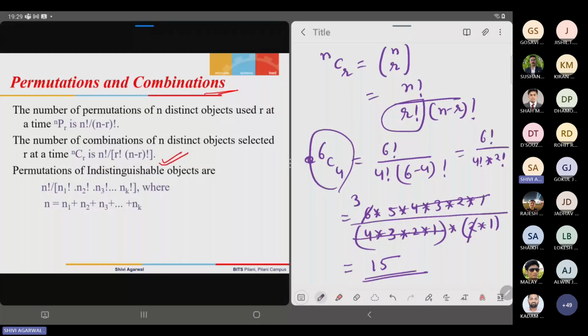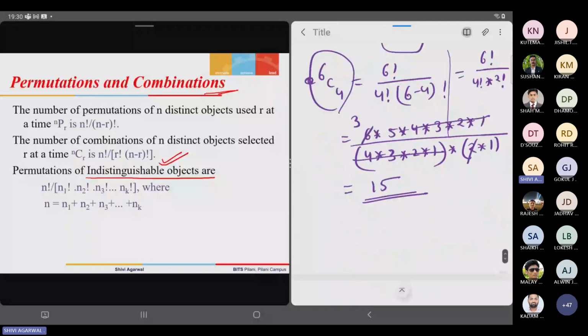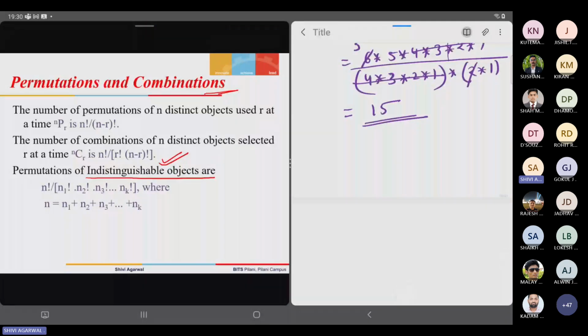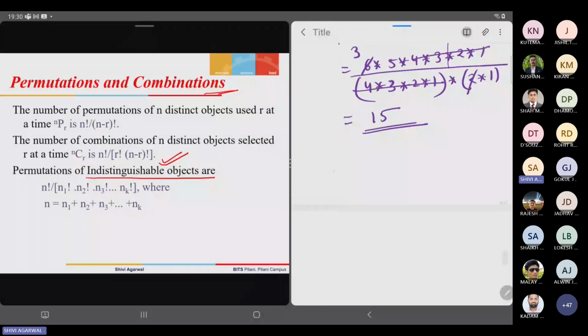Okay. Next thing is what? The permutation of indistinguishable objects, where we are arranging the items but they are indistinguishable. Means what? If we take one example, a bag having 10 balls.